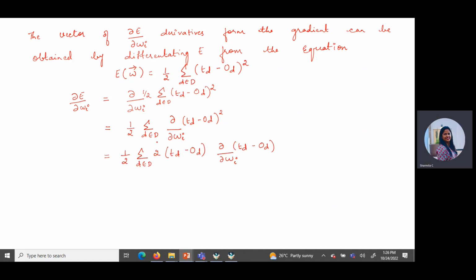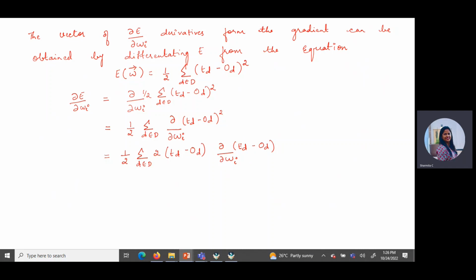Now when you differentiate this, the derivative of (td minus od) whole square with respect to Wi, we get 1 by 2 sigma over d times 2 into (td minus od), then the derivative of (td minus od) with respect to the weight.